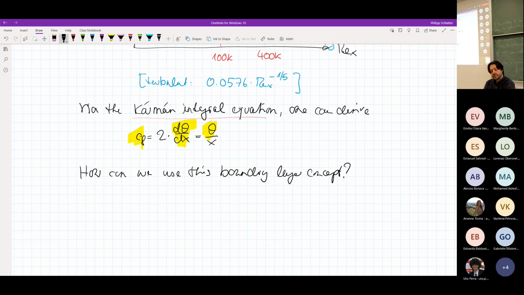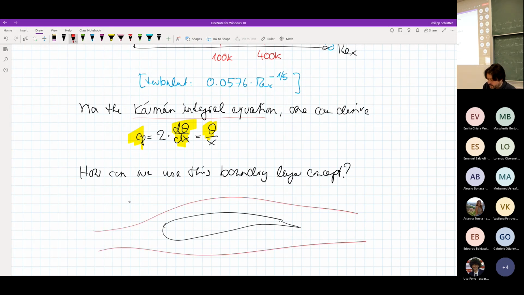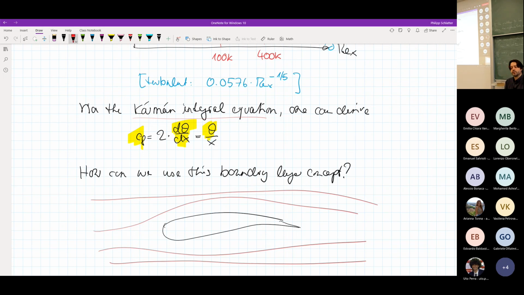But if you're really interested in calculating the flow around a wing, let's say, so you have a wing profile, something like that, and you would like to know how the streamlines would look like. How would you use this boundary layer concept to actually do something?